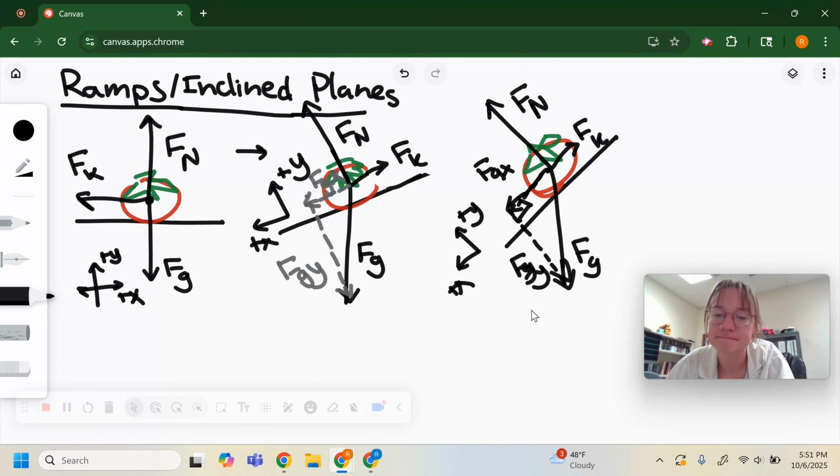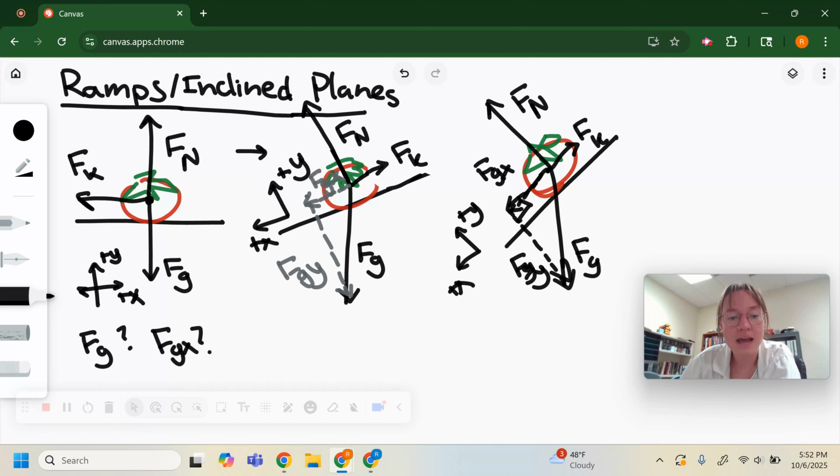Okay, now let us take a quick pause here. Before we move on, I want you to see if you can answer these questions. As we go from flat to steeper and steeper, as we increase our slope size, what happens to Fg for increasing slopes? What happens to Fgx as our slopes increase?